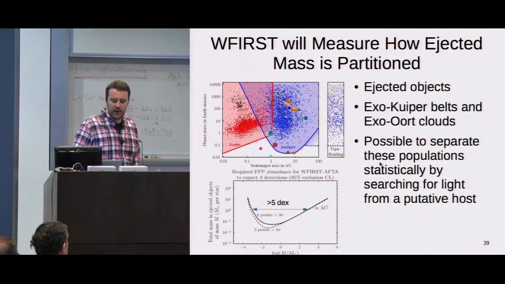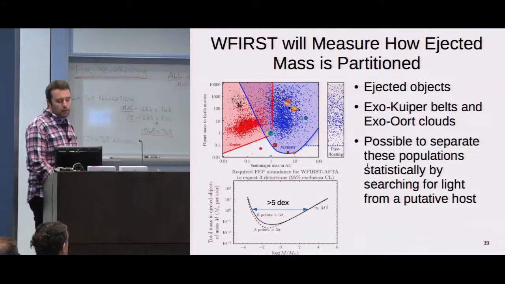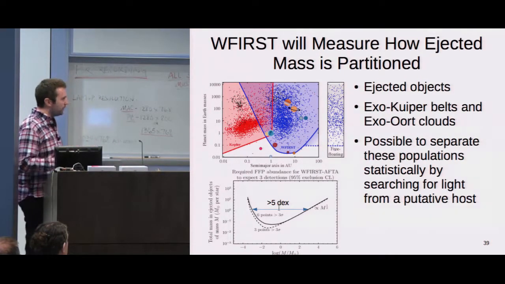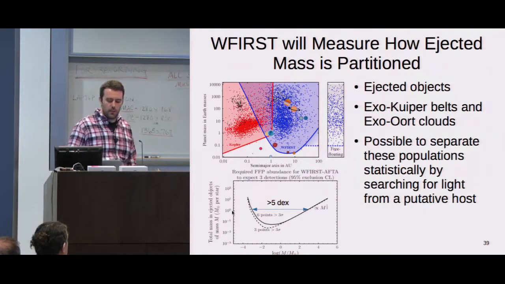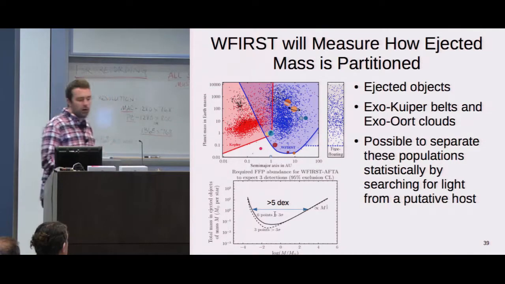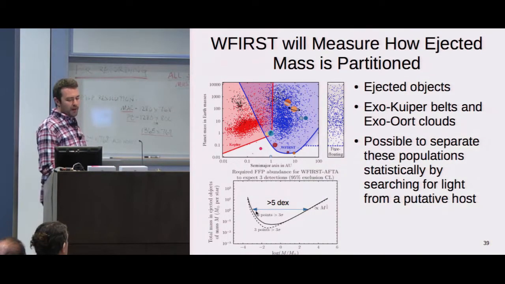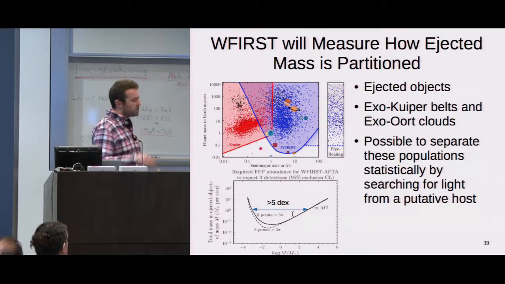I mentioned free-floating planets. We can measure the total mass of objects that are free-floating and loosely bound down to an Earth mass per star over a very wide range of planet masses, from below moon mass up to Jupiter mass.